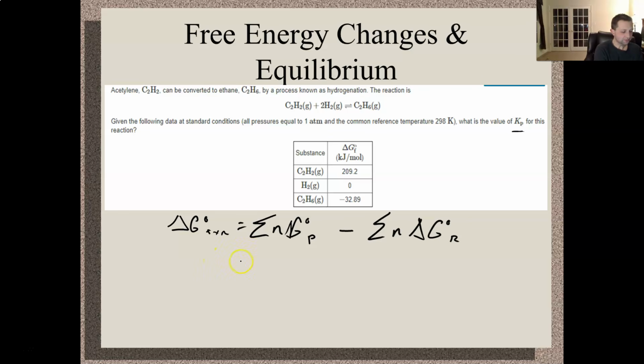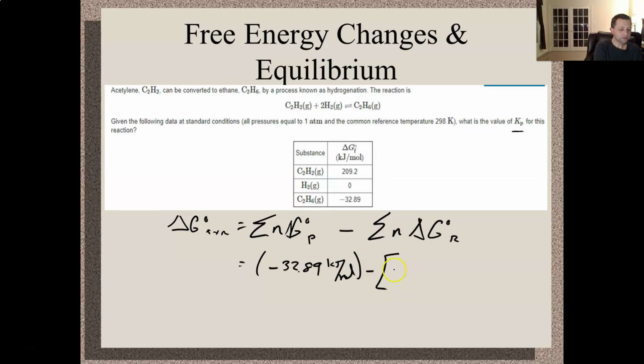So that's going to be equal to, there's only one product, so there's 1 mole of it, so it's 1 times negative 32.89 from the table, and that is kilojoules per mole. Minus, then we have 2 reactants, so let's make sure we do all this together here.